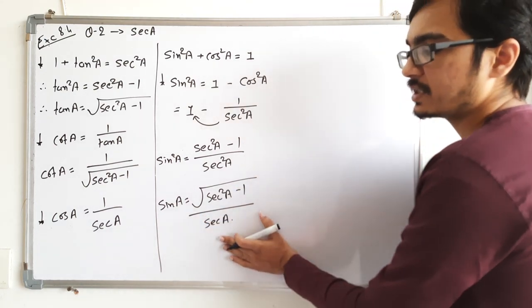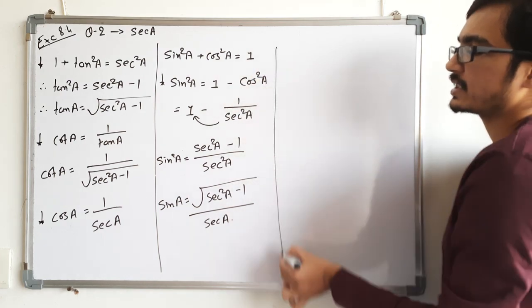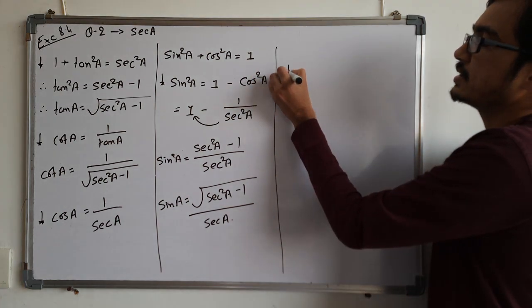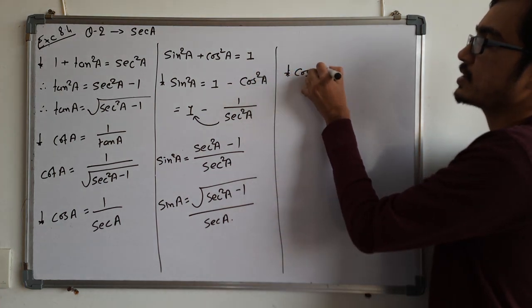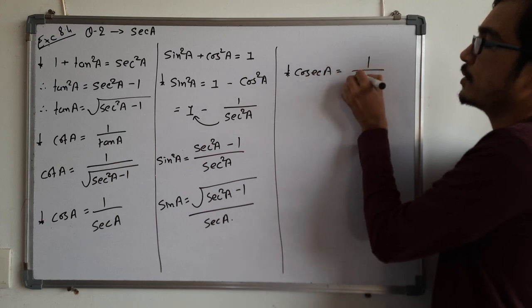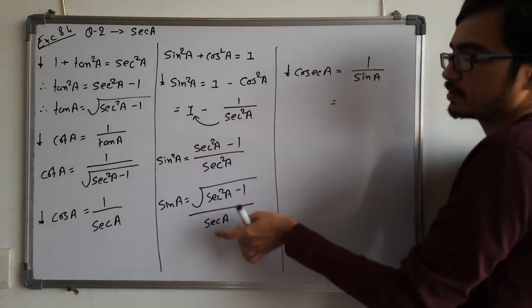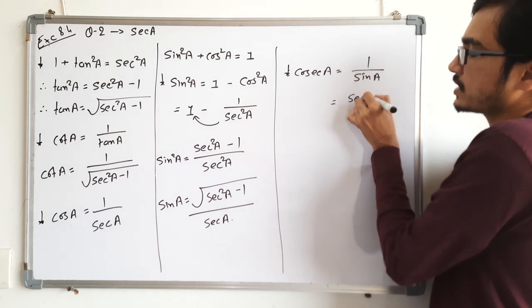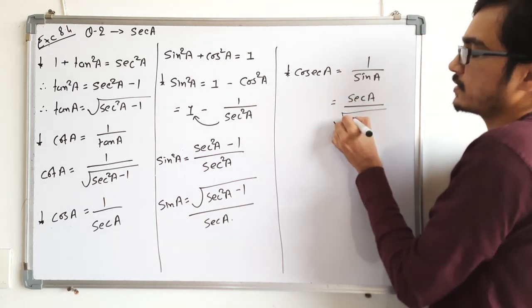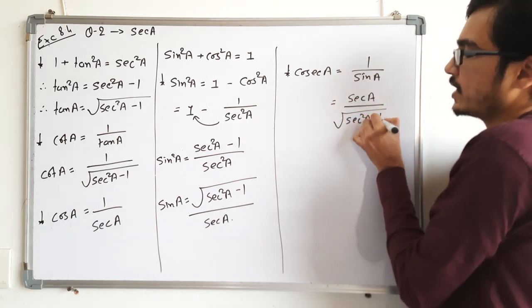So here we have represented sine in the form of sec. Then remaining cosec, which is a reciprocal of sine. Cosec A is equals to 1 upon sine A. So that is equals to reciprocal of this, sec A upon square root of sec square A minus 1.